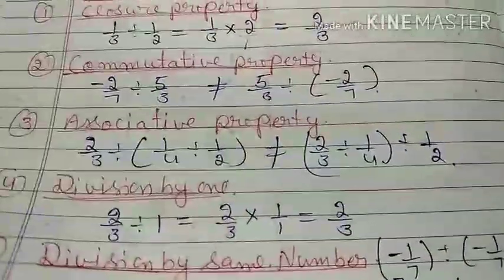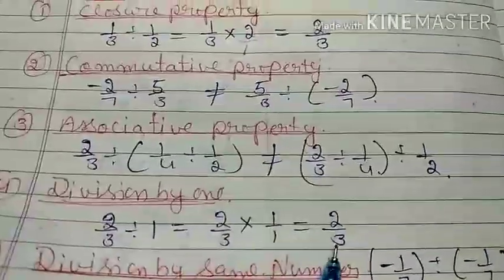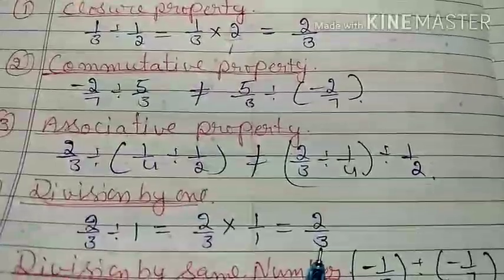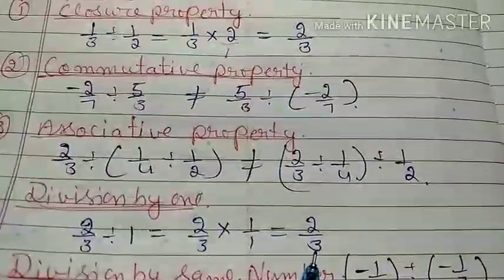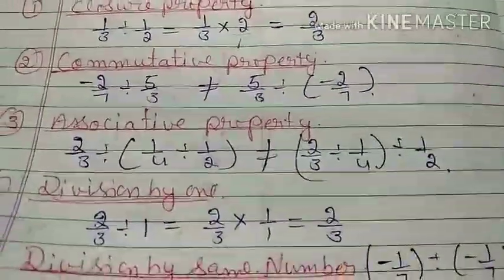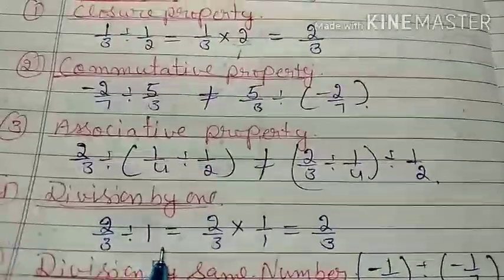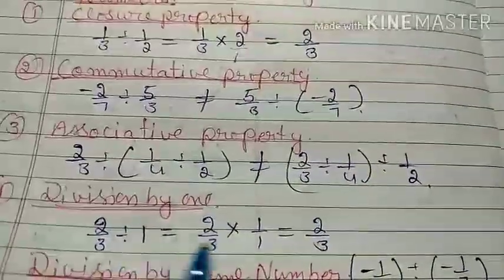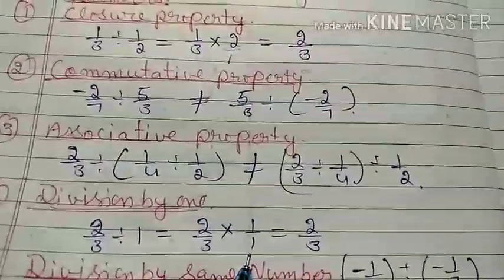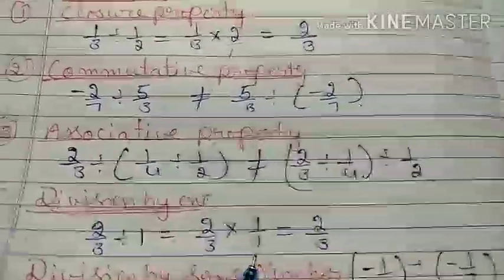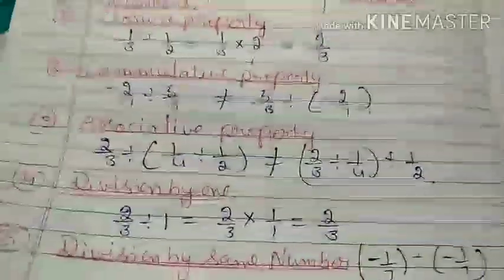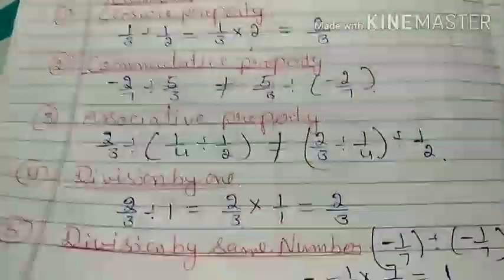Now if you divide any rational number by 1, your answer will always be the same rational number. Like if I have a question 2 by 3 divided by 1, when divide changes into multiply, only 1 is left as numerator and denominator, so ultimately my answer is 2 by 3.